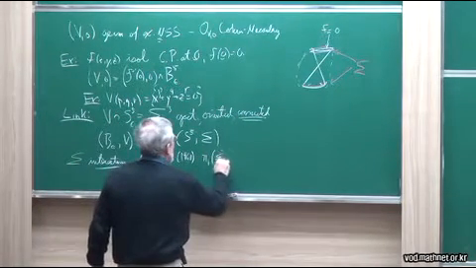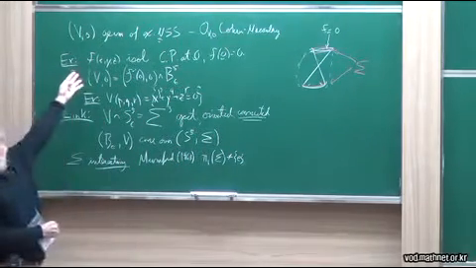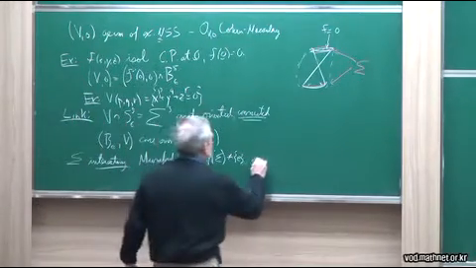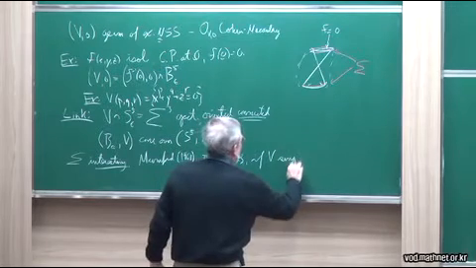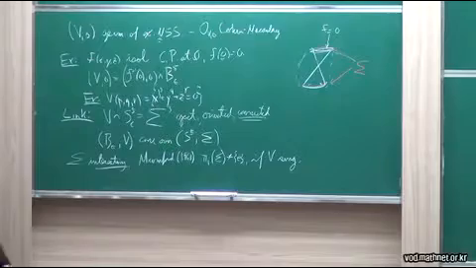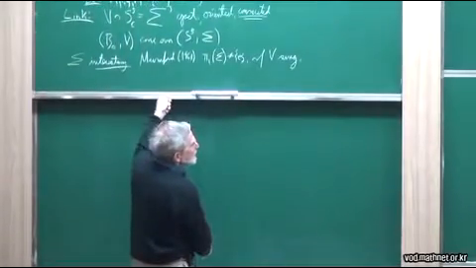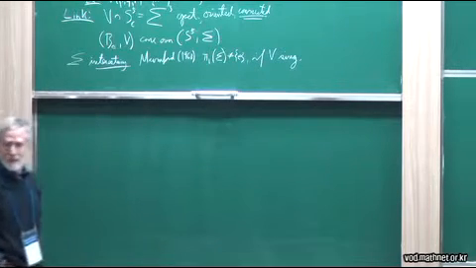Pi 1 of sigma is not the identity, assuming this really is a singular point, if V is really singular. So that means the three-manifold by itself, the link, is saying something interesting about the singularity.